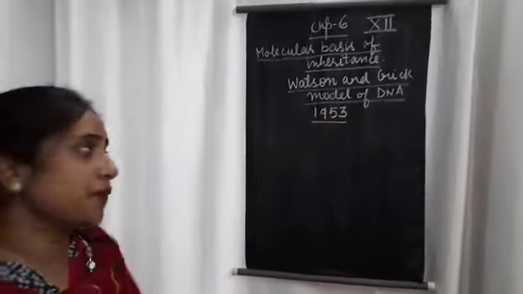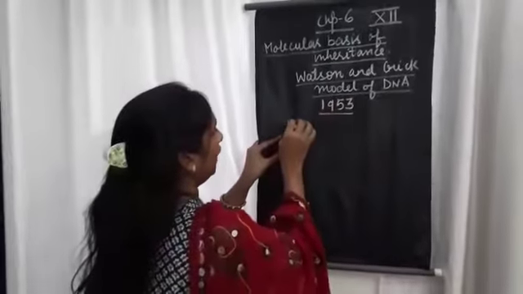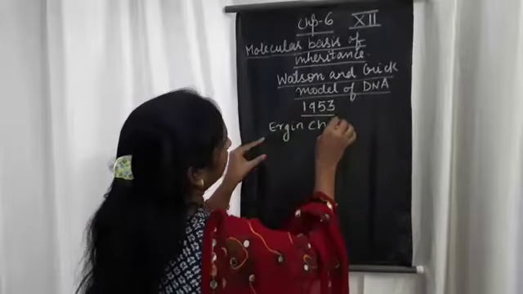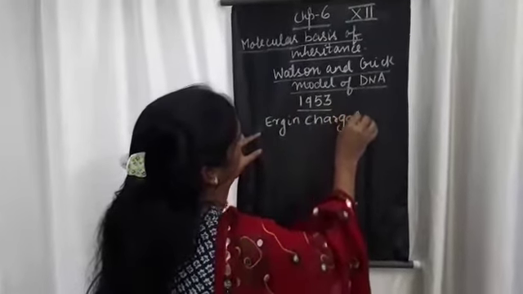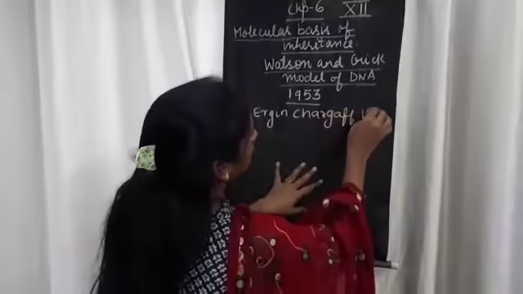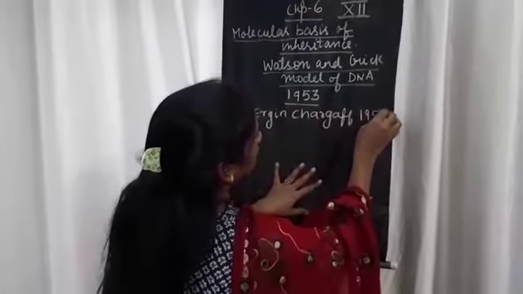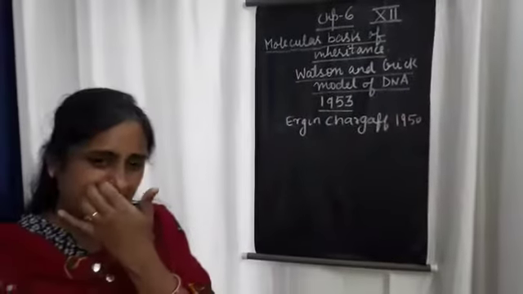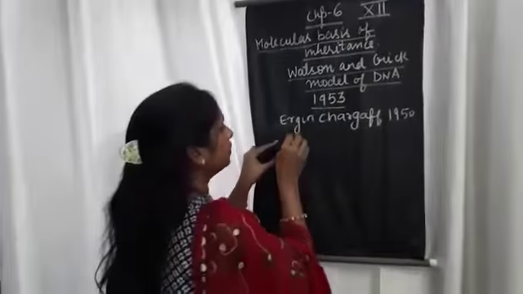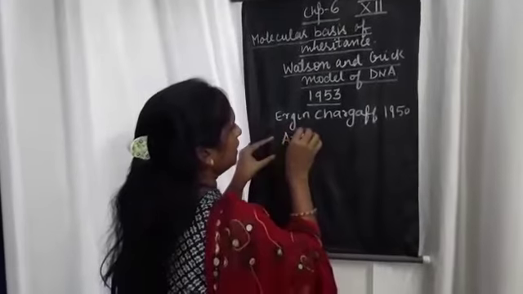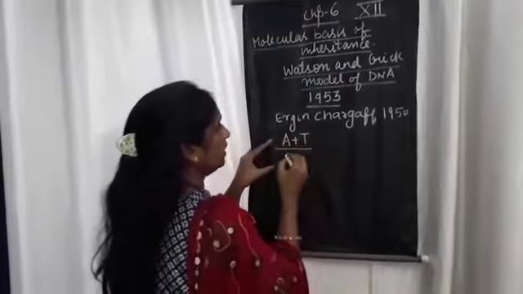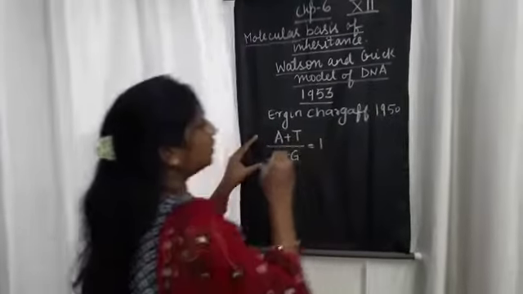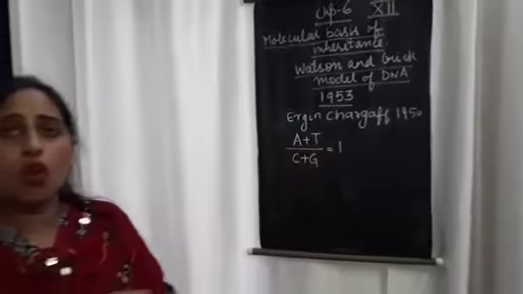One more rule was given by Chargaff in 1950. This rule states that the ratio of adenine to thymine and of cytosine to guanine will always be equal to 1.